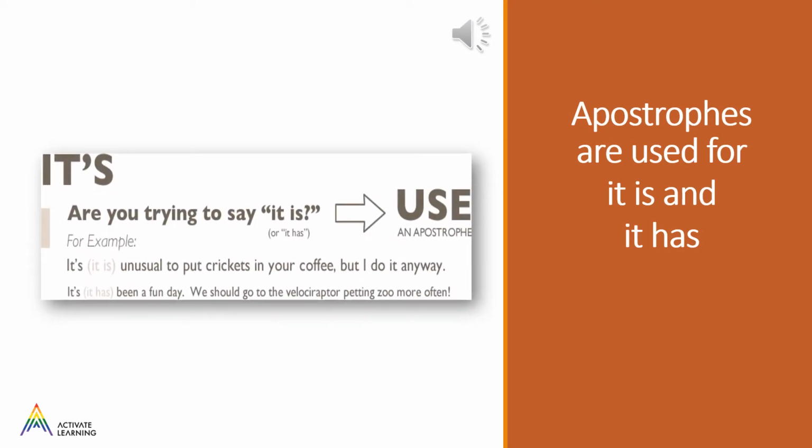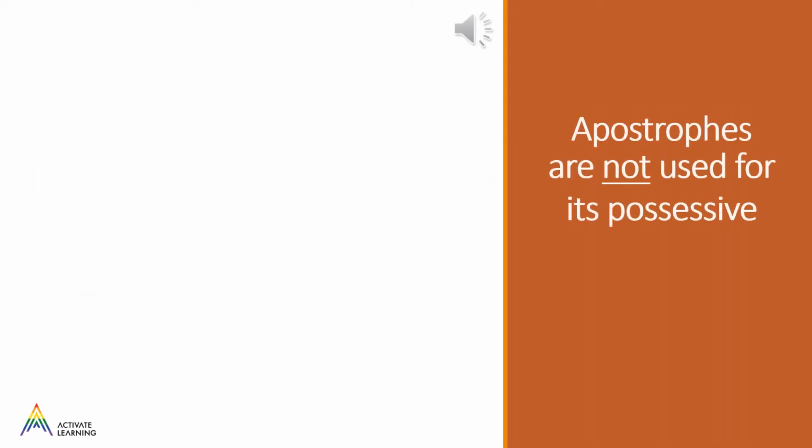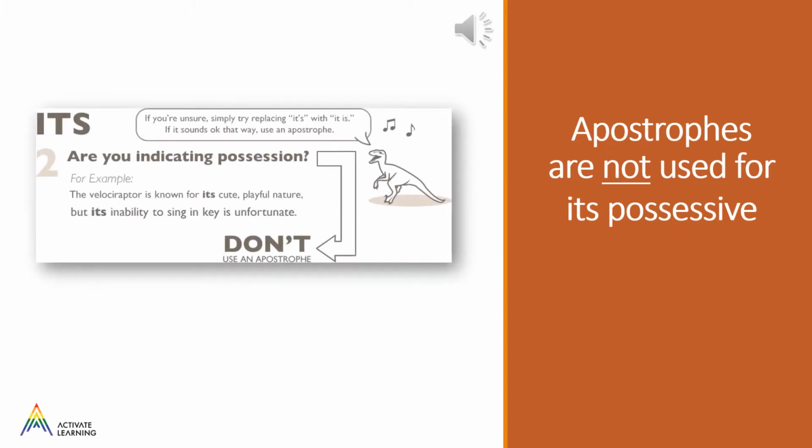You do use an apostrophe for it's in it is or it has. Although you use an apostrophe in other possessives, you don't use one in its possessive. If you want to check whether it should have an apostrophe or it shouldn't, say it is. If that fits into the sentence, put in an apostrophe.